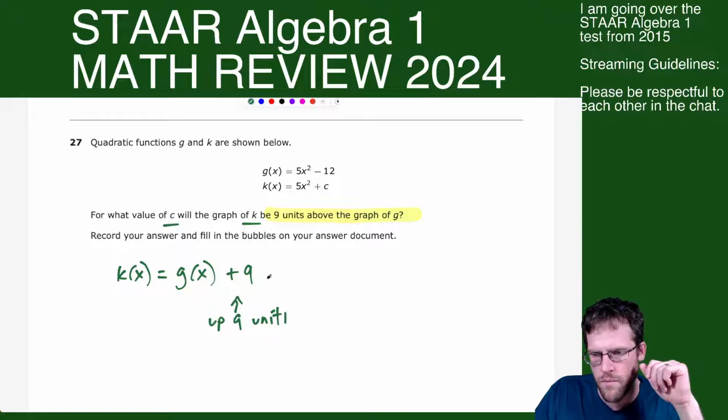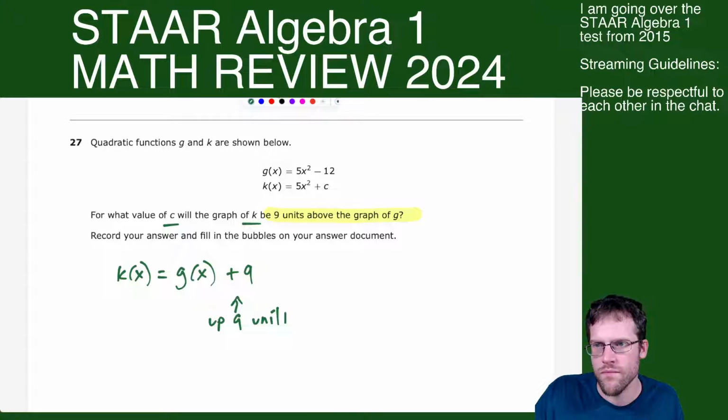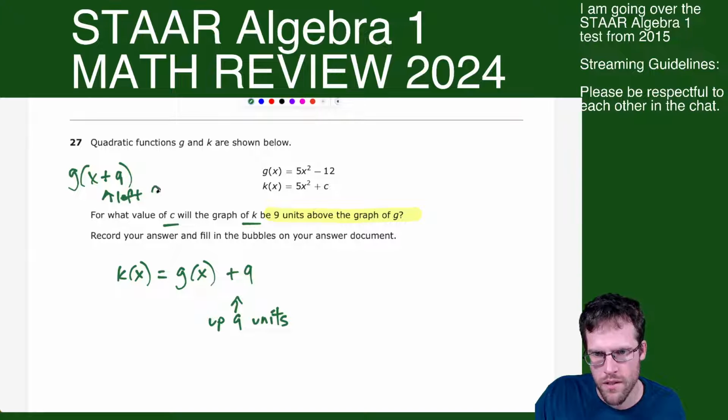Okay, so let's just fix that. So this one is going to go up 9 units if I write plus 9 at the end of the function. If I did g of x plus 9 inside, like this, it would be left 9 units. Okay, so then all I have to do is just substitute. G of x, I'm going to replace with this piece here.